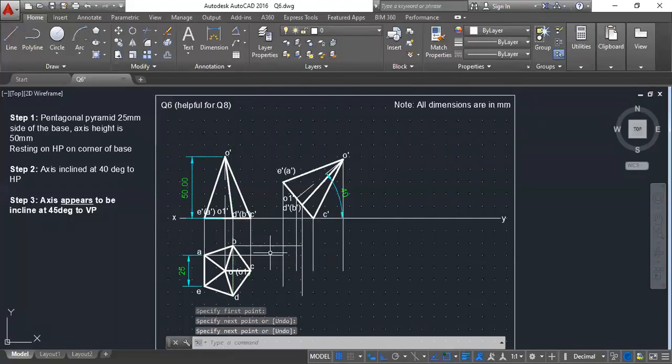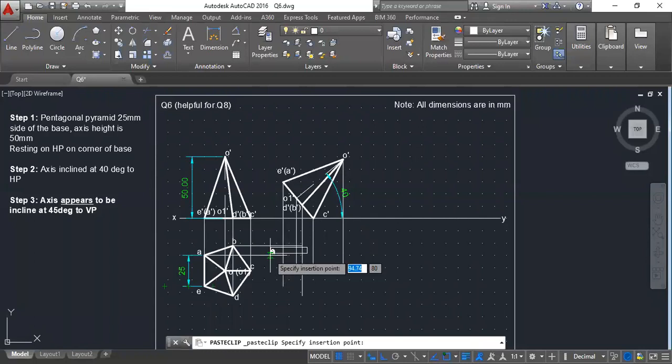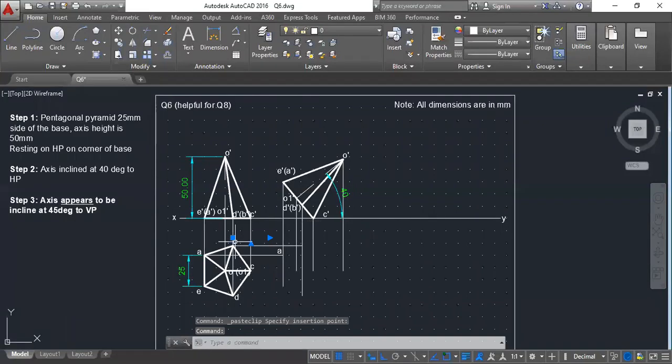Now, how to complete this figure? Please follow this notation. Before drawing anything, first give the naming. This is point A. This is point B. Because if you make any mistake in giving the names, everything is gone.